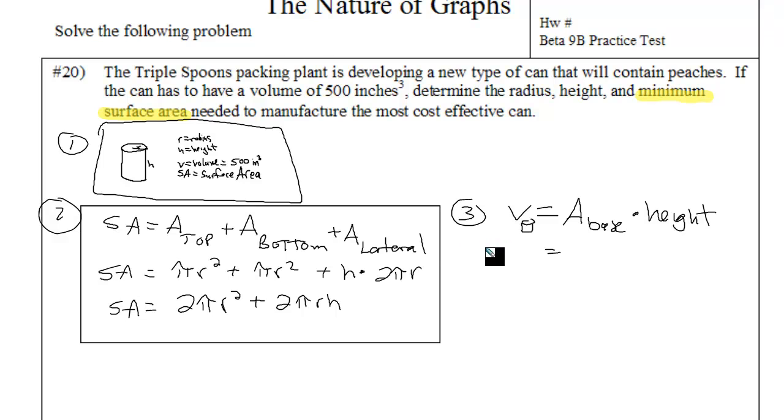Told here that the volume is 500 cubic inches. Area of the base, that's a circle. Height, that's an h. If you get h by itself, you get 500 cubic inches divided by pi r squared.